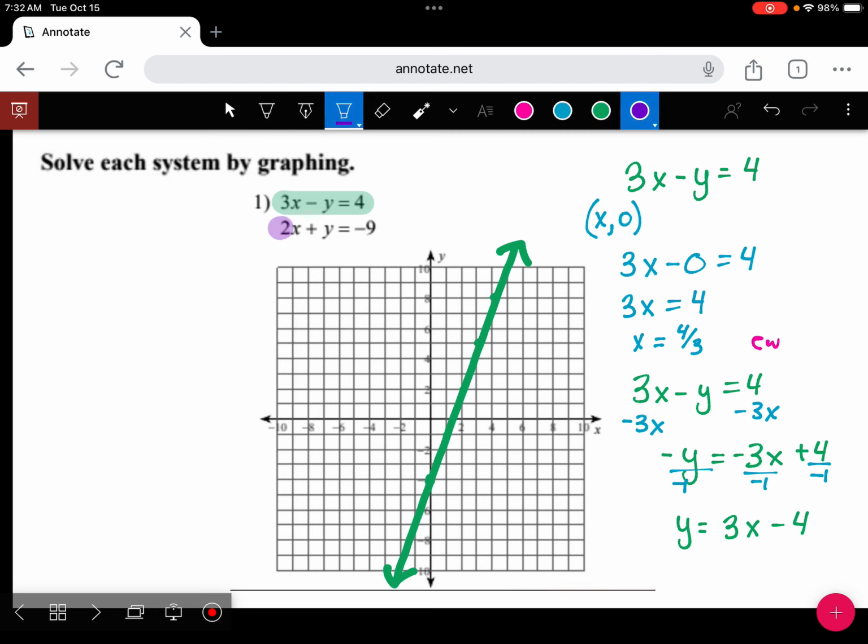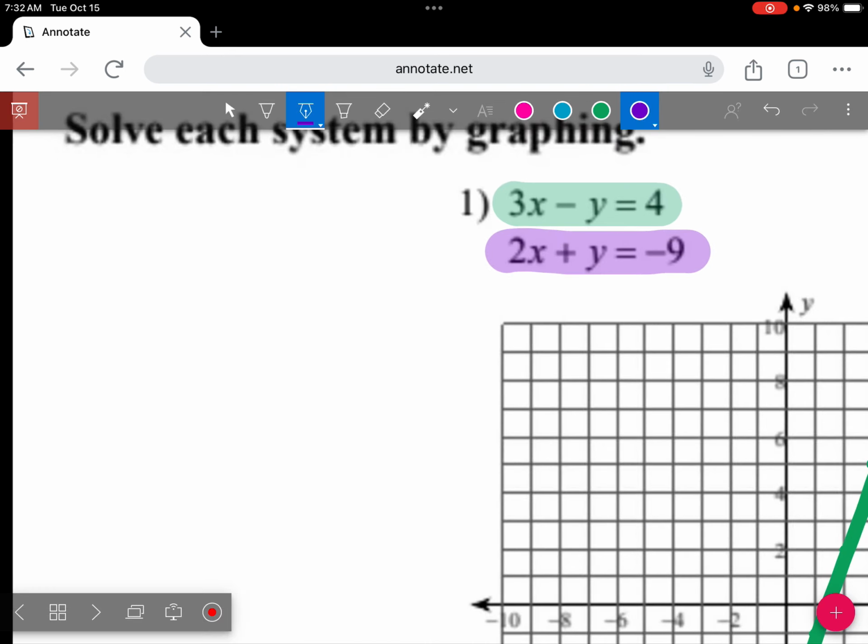Very similar vibe on the next one. We need to plot this line too. I'm going to do this one on the left. So we've got my 2x plus y equals -9. What are we going to do here?